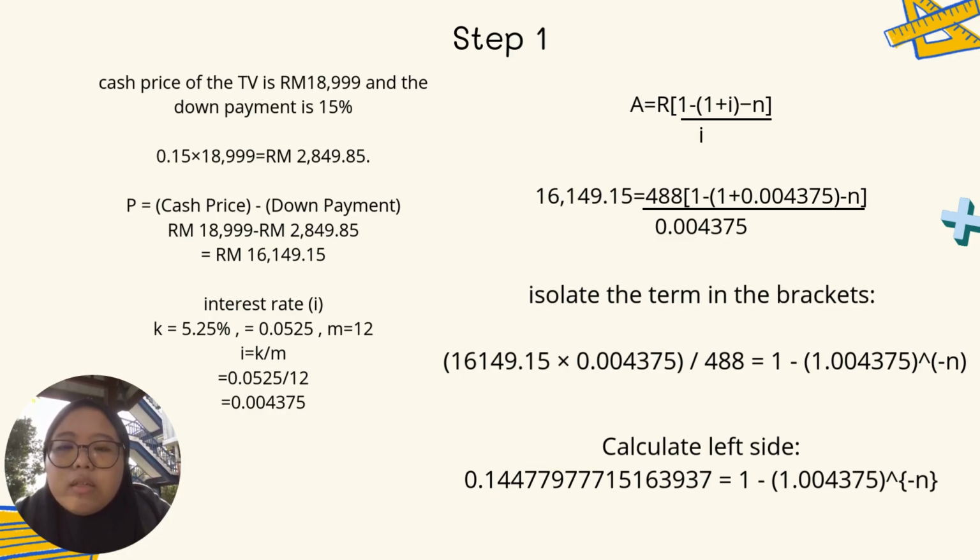So next step is P, which is cash price minus down payment: RM 18,999 minus RM 2,849.85, and the answer that we will get is RM 16,149.15.